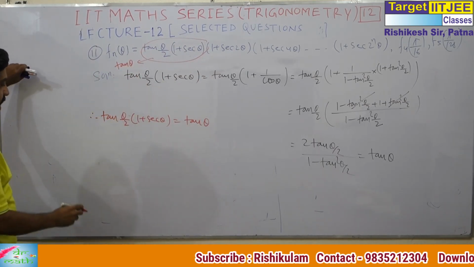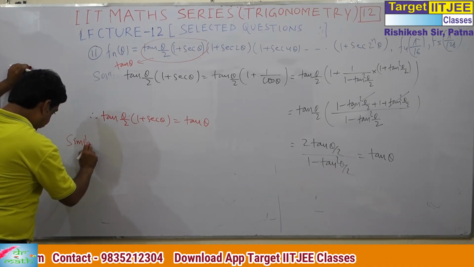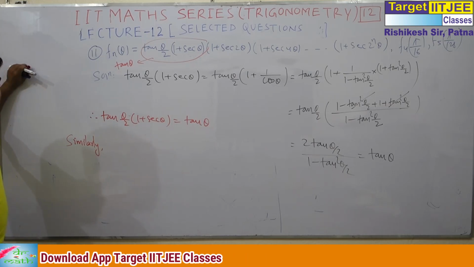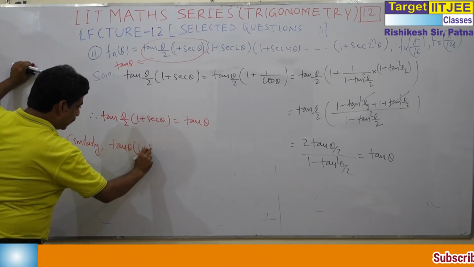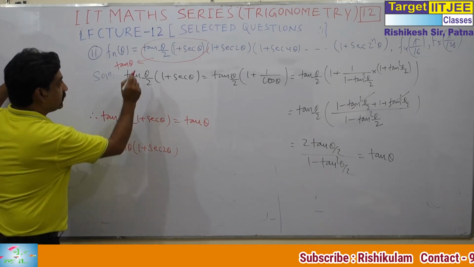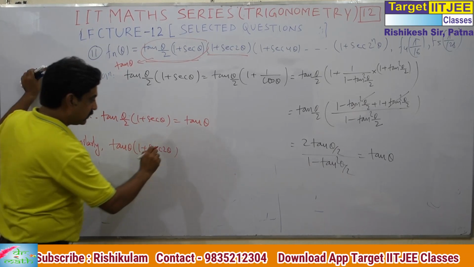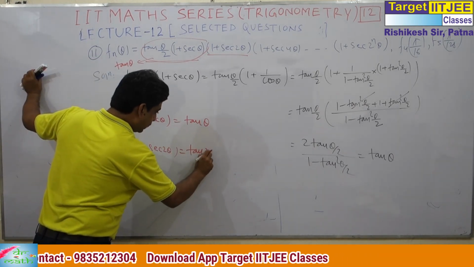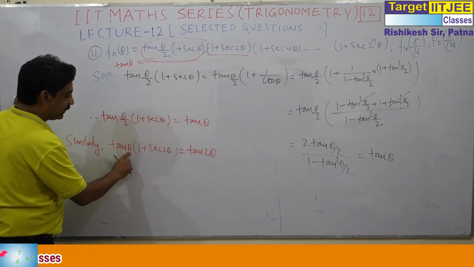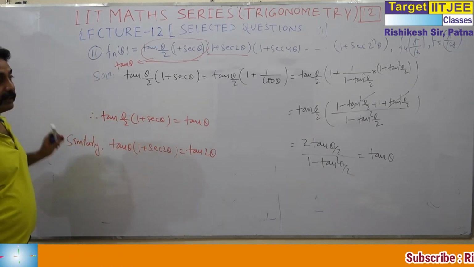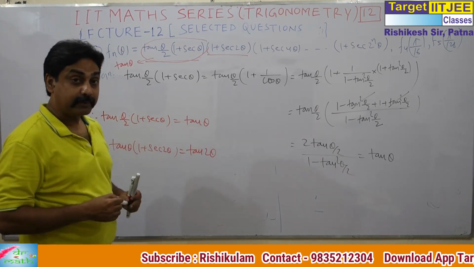Now see, similarly, see, look very carefully, tan theta into (1 plus sec 2 theta). This is tan theta and this is 1 plus sec 2 theta. This is tan 2 theta. I agree, theta by 2 is replaced by theta. So theta will be replaced by what? Tan 2 theta.